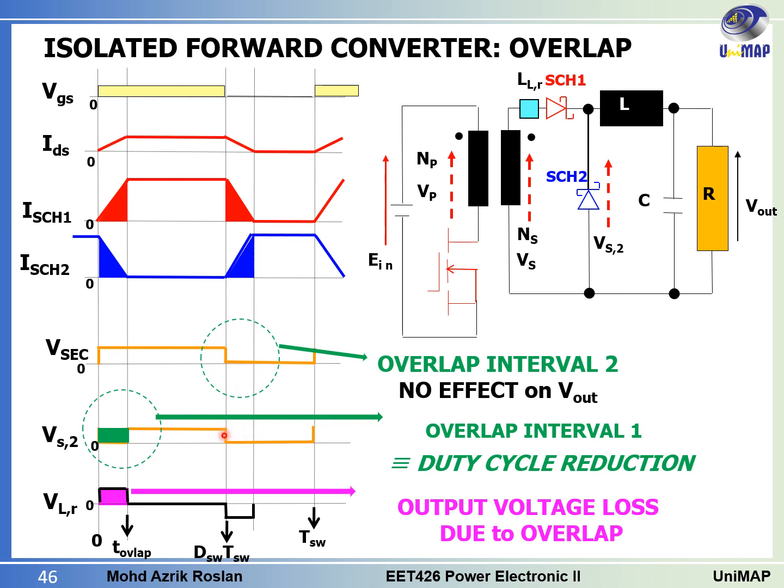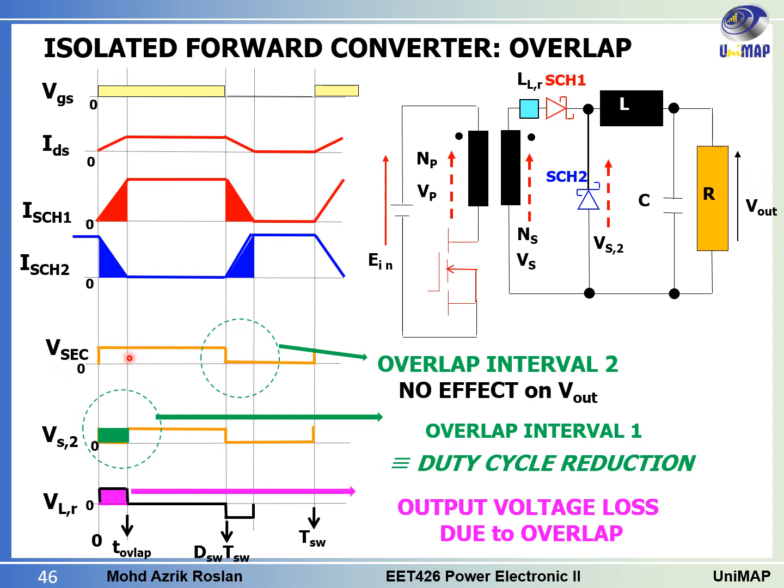So whatever happened at this point doesn't affect the output voltage that we have, because the output voltage will depend on the V secondary that occurs around here. So during this time the V secondary is already 0, so whatever happens to the VLR during this period doesn't matter. It will not affect the output voltage.